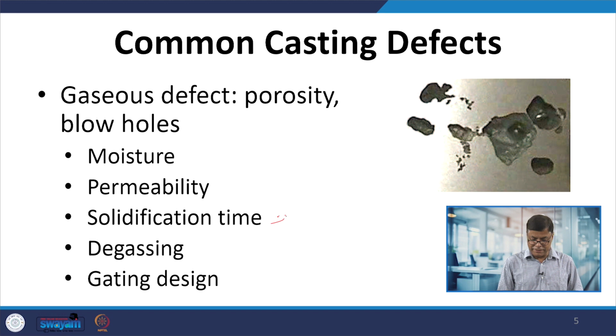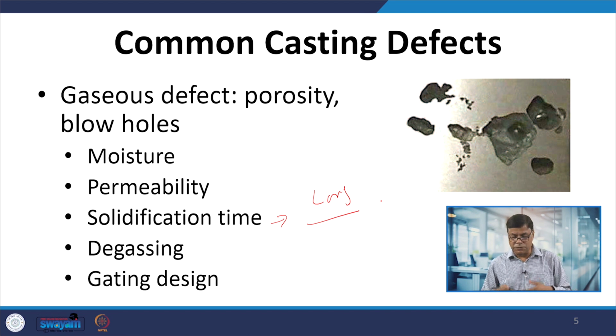Solidification time is another factor which affects the gaseous defects, and the solidification time, if it is long, then the gases being rejected in course of solidification will have enough time to escape, and so the tendency for the formation of gaseous defects will be reduced.